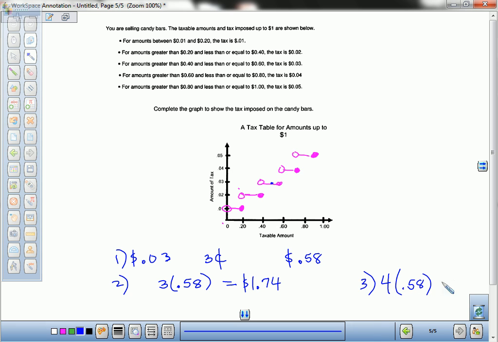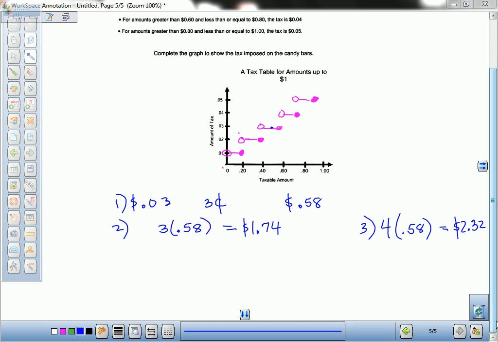No, it is not. How much would that be? $2.32. Oh yeah, I read it wrong. Okay. So $2.32. They are 7 cents shy. They just missed it. Only 3 candy bars for them.